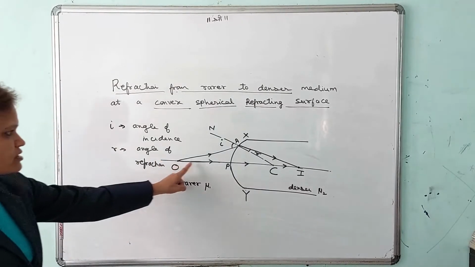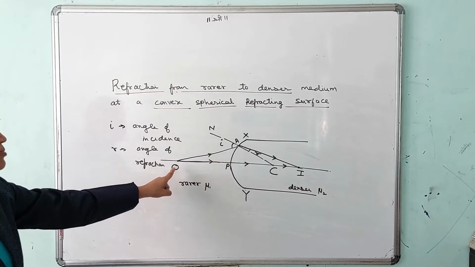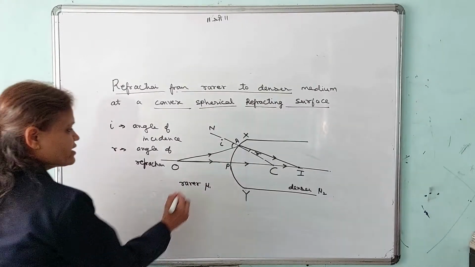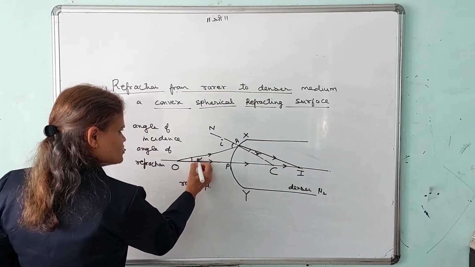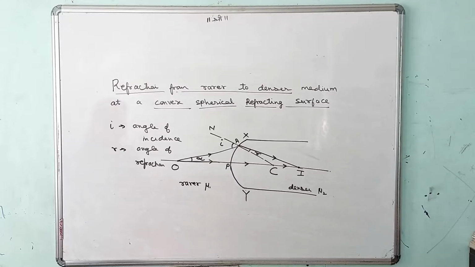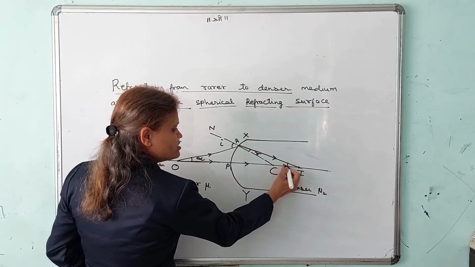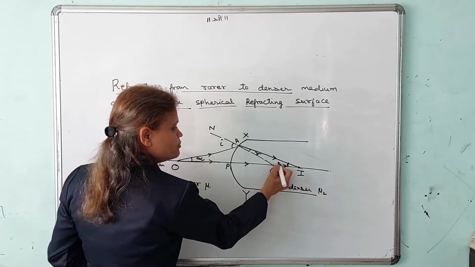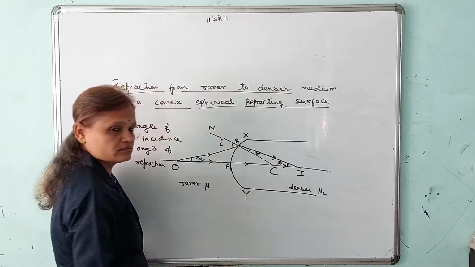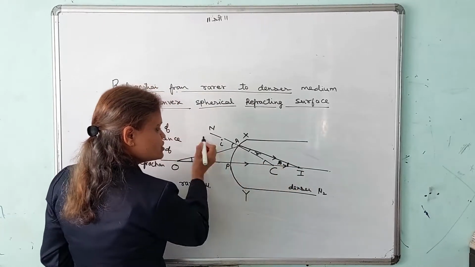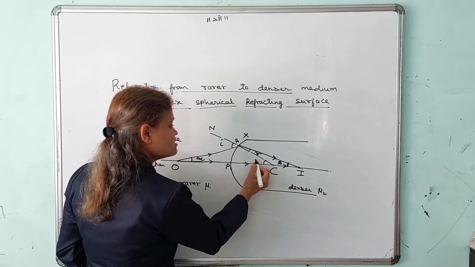Now the ray which is going from the object, OA, makes an angle with the principal axis which is alpha. This refracted ray makes an angle beta, and the angle which the normal makes with the principal axis is gamma.